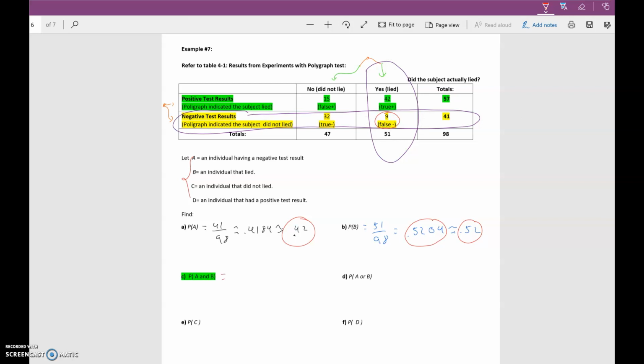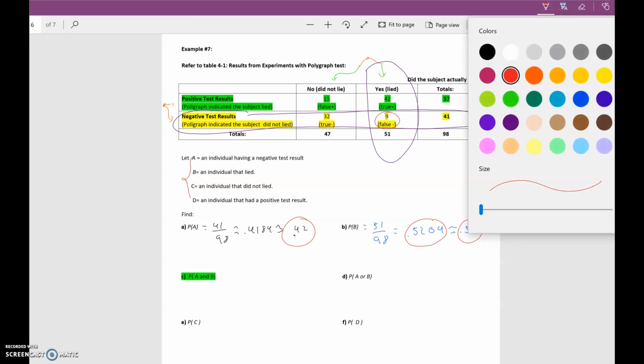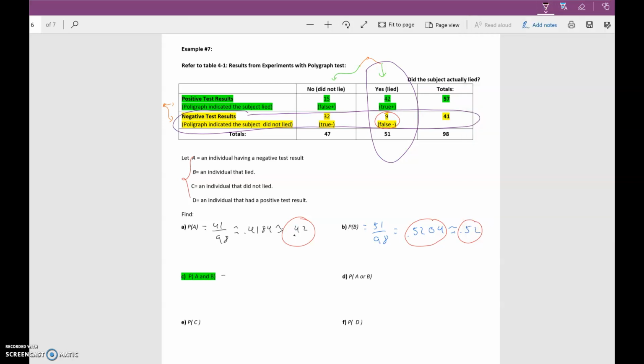So for this one we end up with a total of 9 out of 98. This is 0.0918, so 0.09.